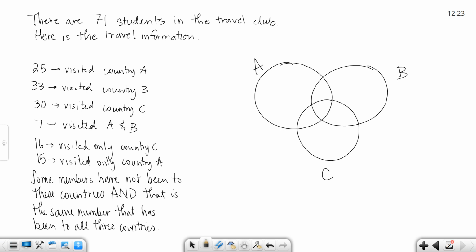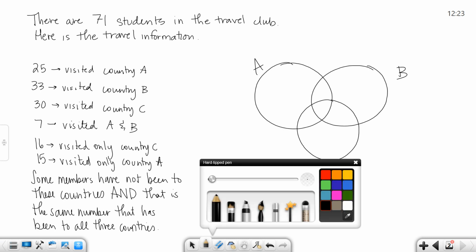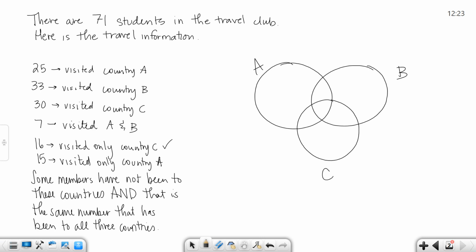Then you get to the only. Okay, that's where you should start. That's the easiest. So it says right here that 16 visited only C. Okay, so that would be 16. And you have 15 visiting only country A. All right, and that's all we know.